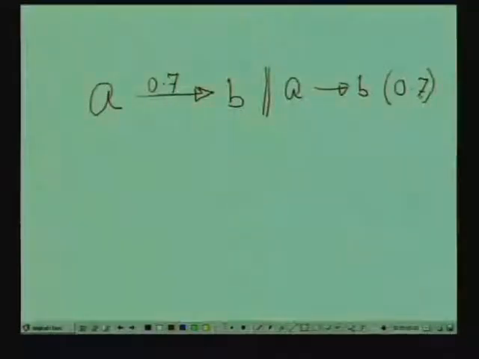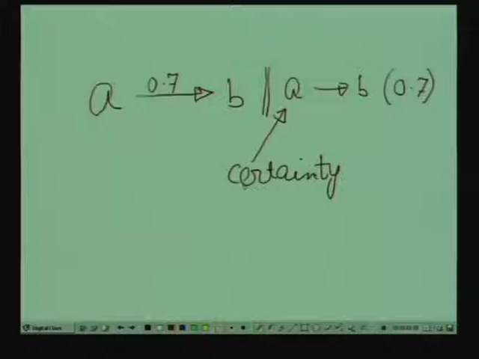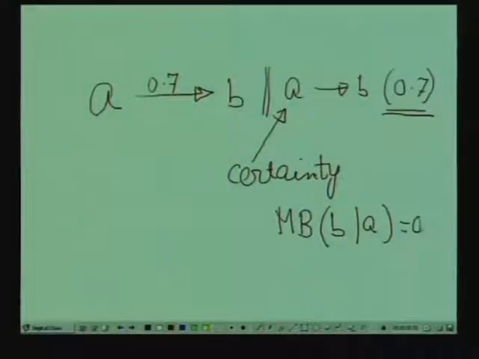What does it mean? It means that if A is known with certainty, then I will infer B with a confidence or belief of 0.7. So, I would say that MB of B given A is equal to 0.7.